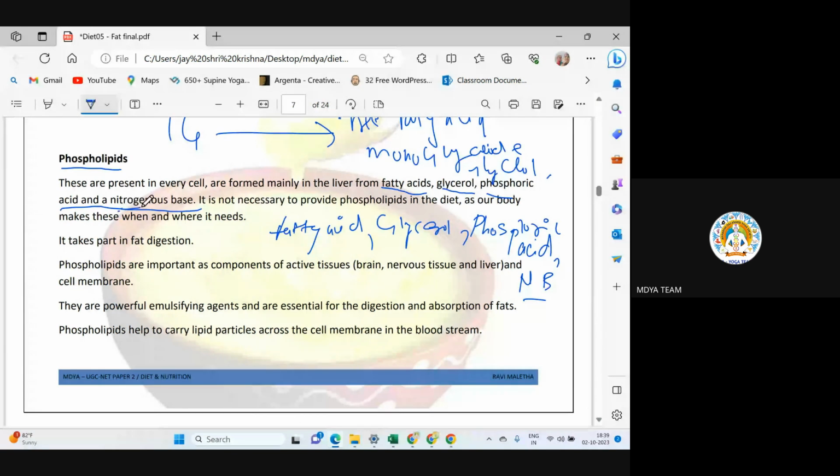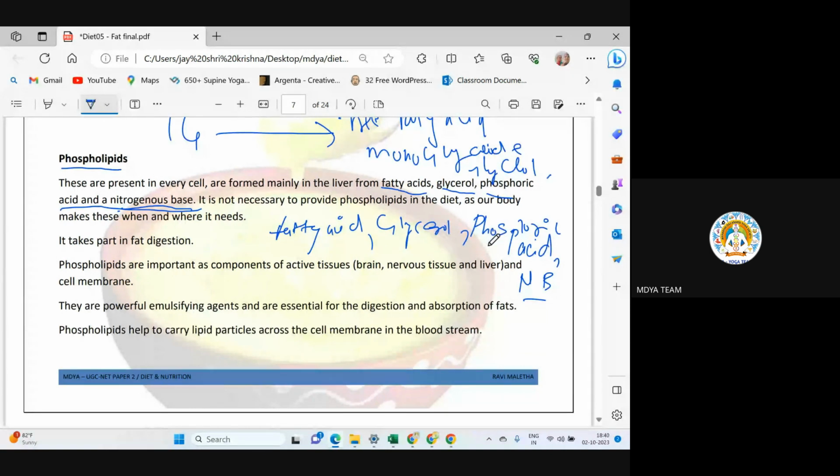No need to remember the nitrogenous bases. Actually, nitrogenous bases are not a specific property; they are present in almost all fats. You just need to remember phosphoric acid, or remember it by resemblance: phosphoric acid, phospholipid.